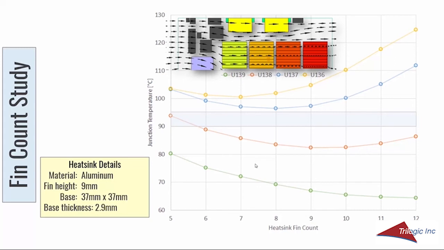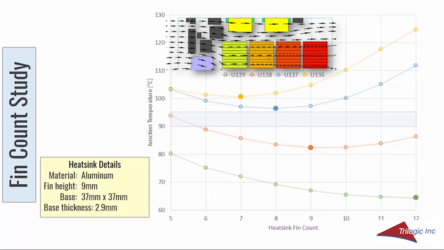I used FloTHERM's Command Center to explore the design with respect to the number of fins, and each heatsink was constrained to have the same number of fins, so each heatsink is going to have the same exact extrusion. It is interesting that each heatsink had a different optimum number of fins, though only one component, U-138 at 5 fins, lied in the target band between 90 and 95 degrees C. The target band is shown with the light blue shading.